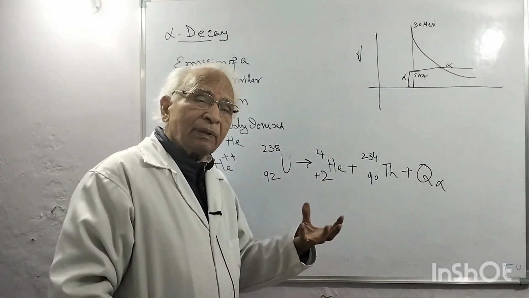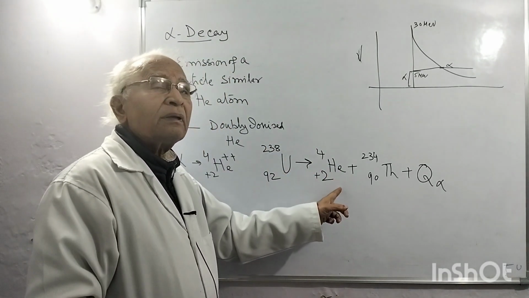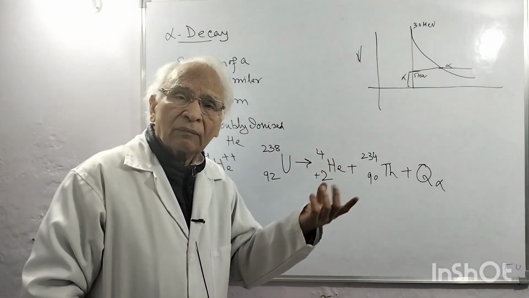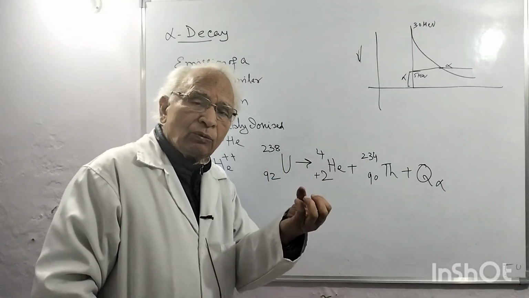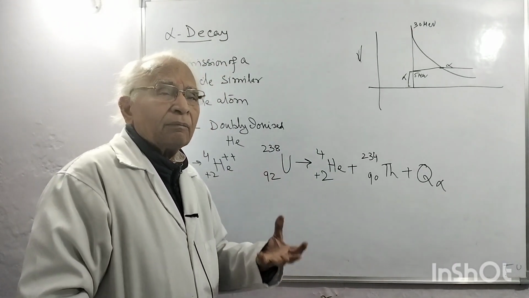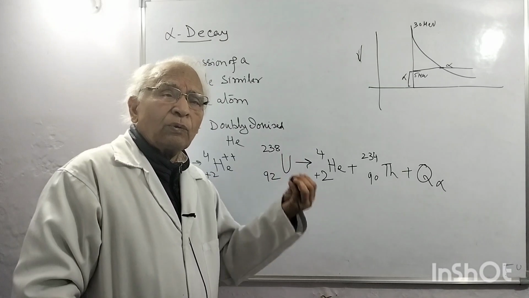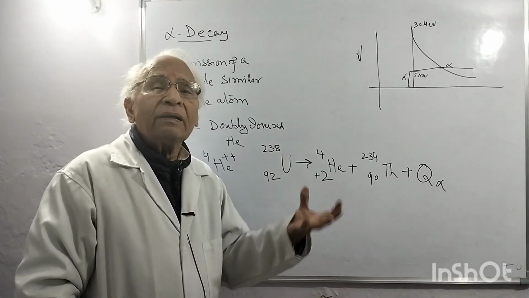That can also be explained, because when an alpha particle is formed, there is a mass defect, meaning mass loss. When 1 proton and 1 neutron combine to make a deuteron, there is mass loss, meaning the mass of the deuteron is less than the total mass of 1 proton plus 1 neutron. That is the mass loss. That is the binding energy.